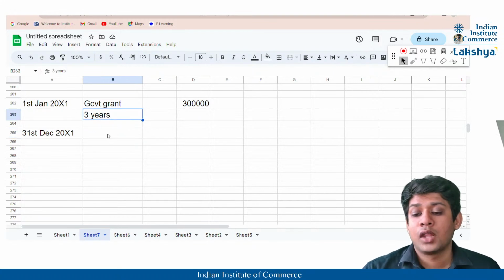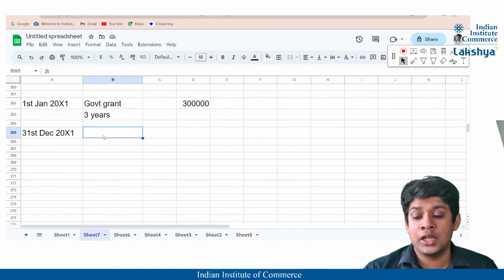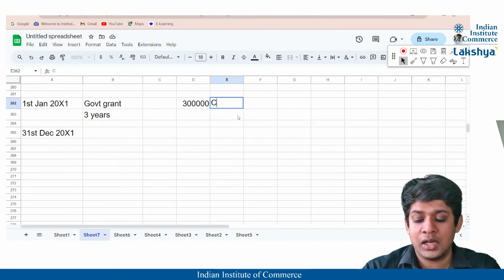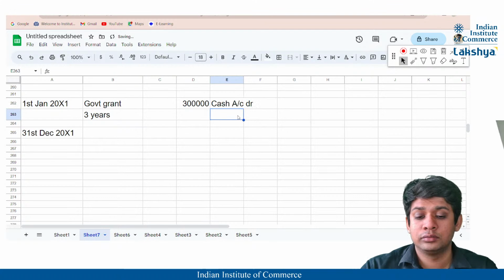Okay. Now, when I received the grant initially, it is my liability, correct? Because I have not complied with the condition yet. So on 1st Jan, what is the journal entry that I will pass? The journal entry that I will pass is nothing but I have received cash from government. So cash account will be debit. Two, I will treat it as a deferred income.